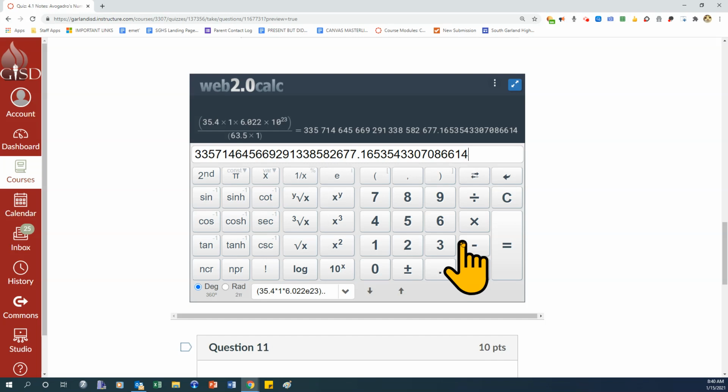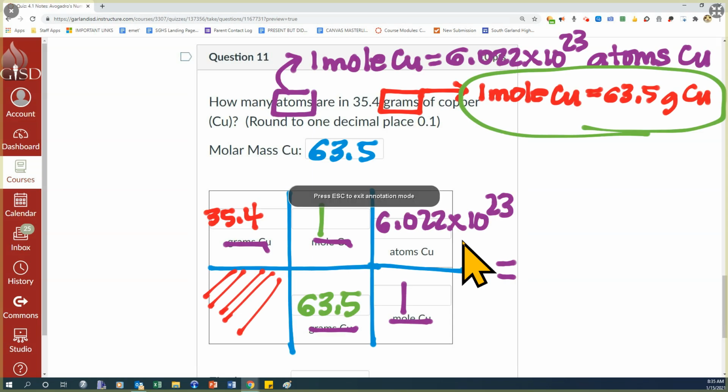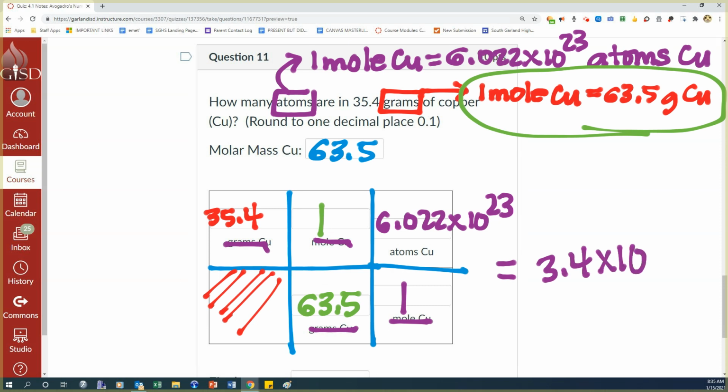So the final answer for this one, after so much pain and suffering, is 3.4 times 10 to the 23rd power, and the unit for this will be atoms of Cu. Okay, and there you go. Okay, write it down.